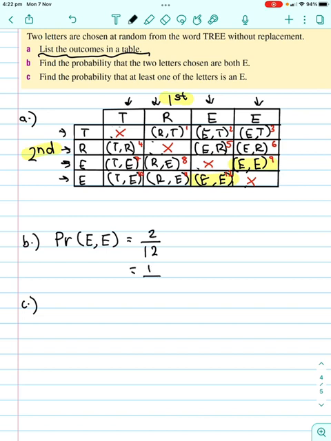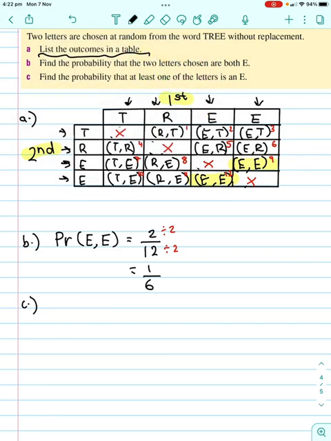But we then want to simplify this to 1/6. If you're not sure how to simplify, we're just looking for the highest common number that goes into both of them, which is 2. So I divide both the numerator and denominator by 2. 2 divided by 2 is 1, 12 divided by 2 is 6. So the probability that we'll get EE is 1 in 6.